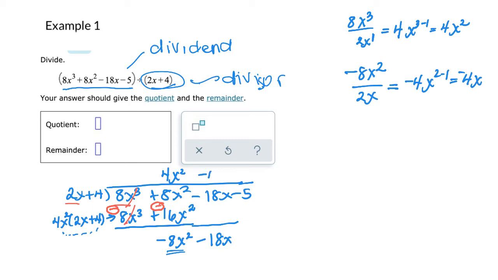So I'm going to write that negative 4x over the 18x term. Then I'm going to take that negative 4x and multiply it by 2x plus 4. And that's going to give me a negative 8x squared, and we're happy again because that first term will cancel, and negative 4x times 4 is negative 16x.